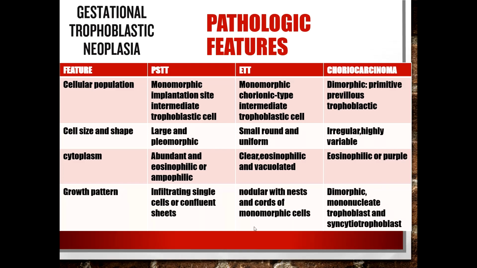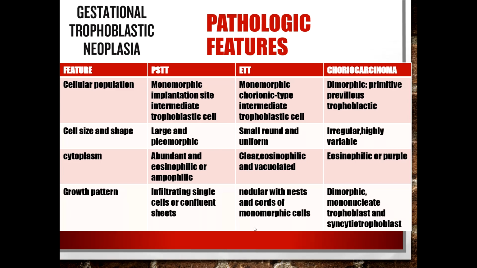What about the pathologic features of the three? For PSTT, the cellular population is a monomorphic implantation site intermediate trophoblastic cell, whereas your ETT would be a monomorphic chorionic type intermediate trophoblastic cell. And choriocarcinoma, they are dimorphic.